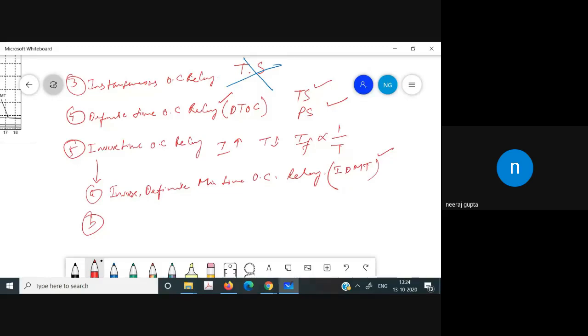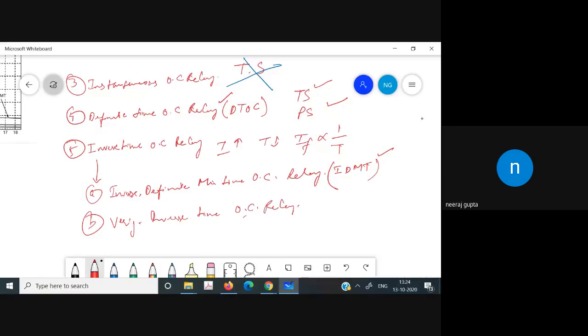Next is the very inverse time overcurrent relay.